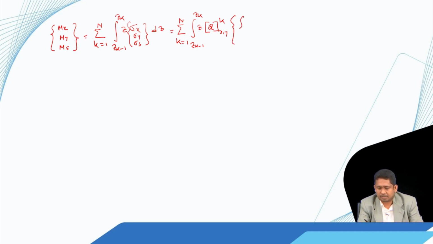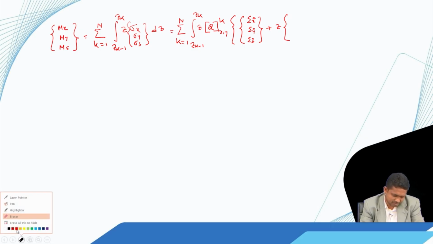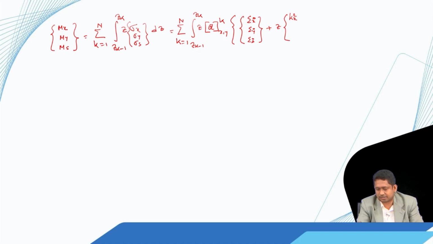That is k equal to 1 to n integral of z multiplied by Q matrix for the kth lamina in the xy system, and this is multiplied with the same set of vectors epsilon x 0, epsilon y 0, epsilon s 0, plus we have z into kappa x 0, kappa y 0 and kappa s 0, plus we have z cube multiplied by kappa x 2, kappa y 2 and kappa s 2.